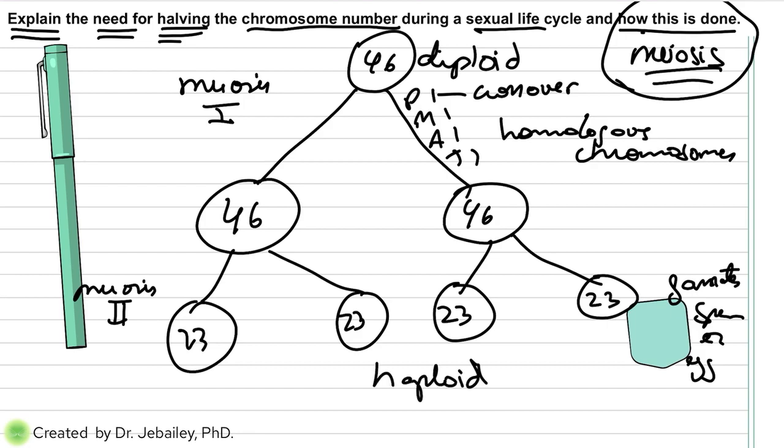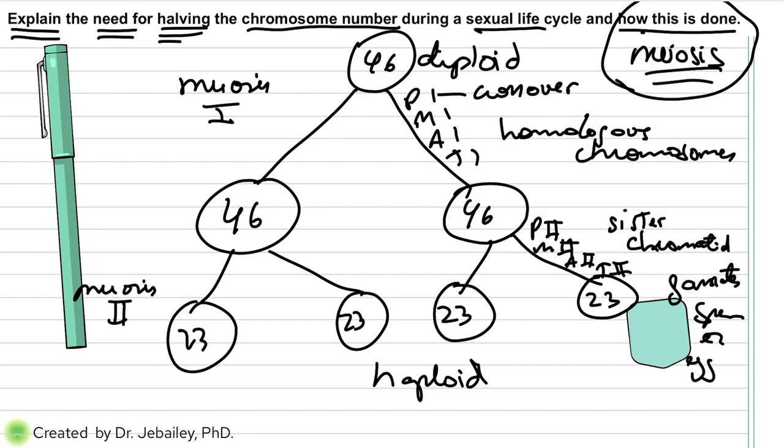To get there in meiosis 2, you have prophase 2, metaphase 2, anaphase 2, and telophase 2. Here you do not have any more crossovers. And here we usually say sister chromatids line up in the middle, sister chromatids separate, and so forth. So this is very generalized, but of course you can go into more detail about each part of meiosis.